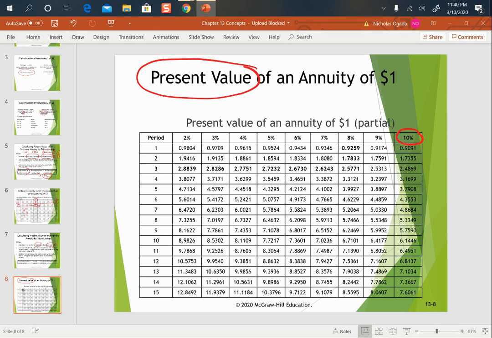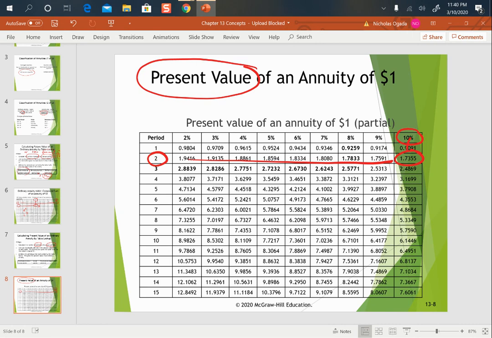Again, you just identify the 10% and the number of periods being 2, and you walk through it and you have a present value interest factor of 1.7355, and you multiply this with the annuity payments, and that will give you the present value of the ordinary annuity. Again, the application is just as what we saw in our previous chapter, nothing really complex.